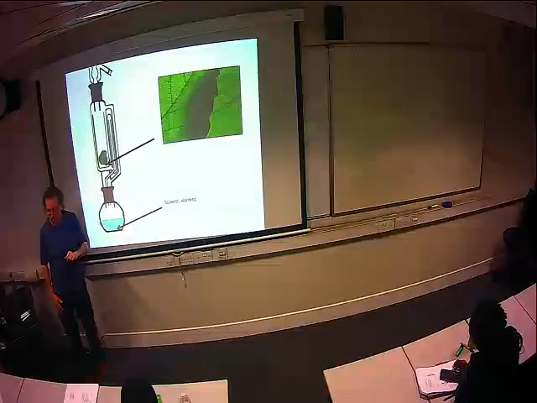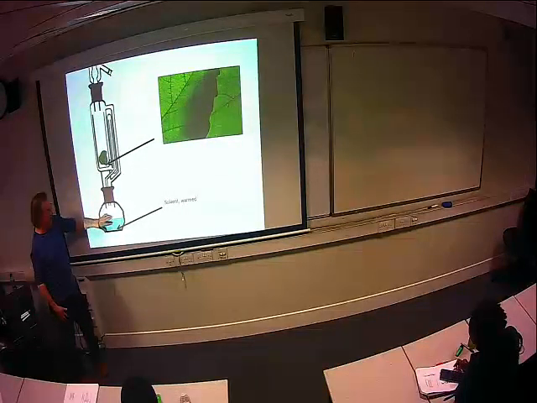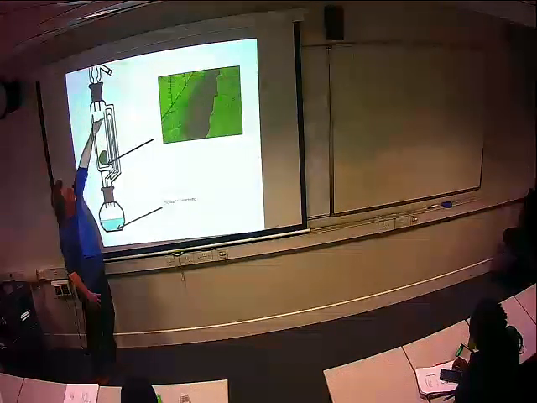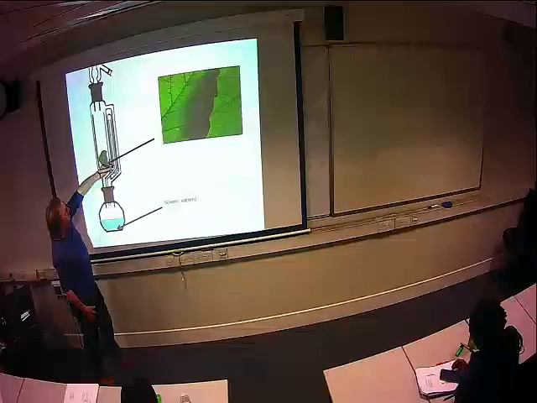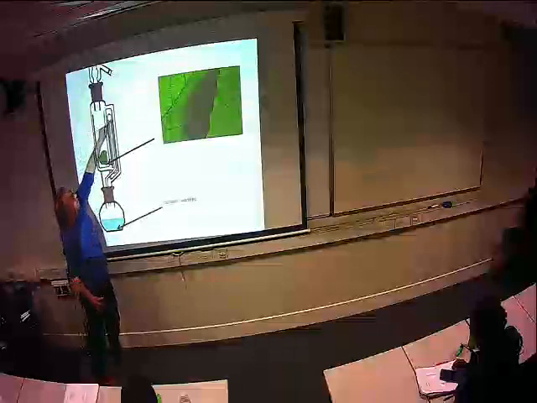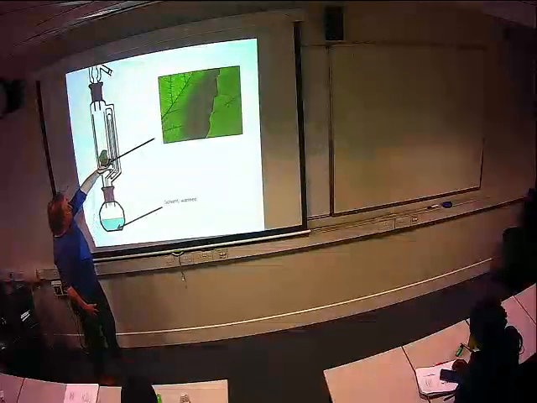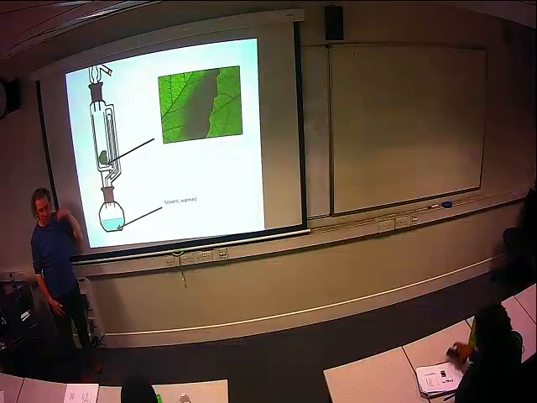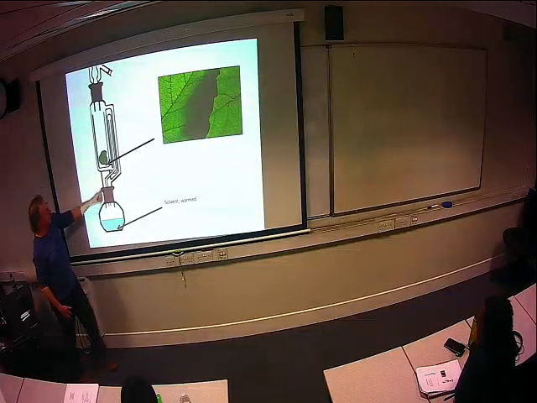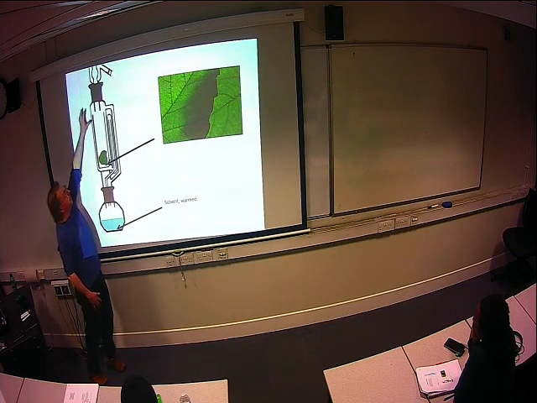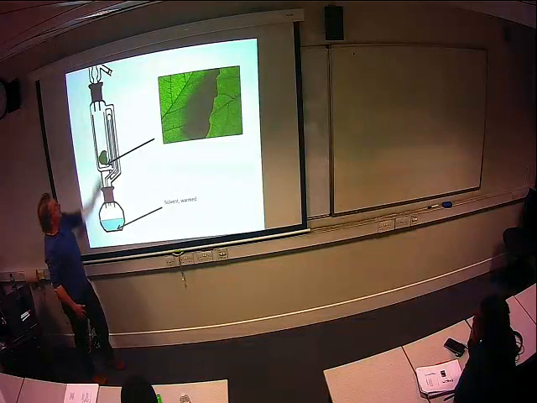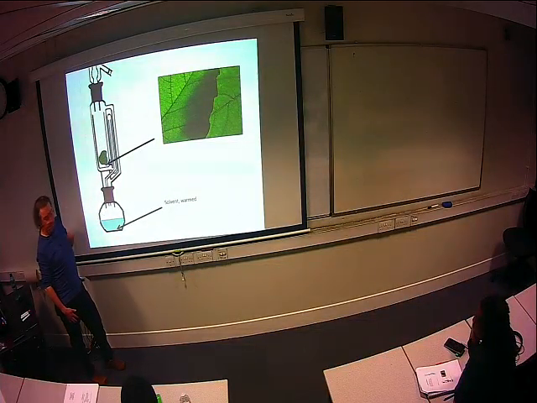So we have enough solvent evaporating to fill up, so the solvent drips down and it fills up this container here, and it's also coming up through this section here, and eventually when it gets to this level, the solvent can drop back down this tube into the original flask. So that's where we're recycling the solvent. So the solvent is getting evaporated, but it condenses, and then it fills up this middle section, and eventually comes back down into the bottom section.